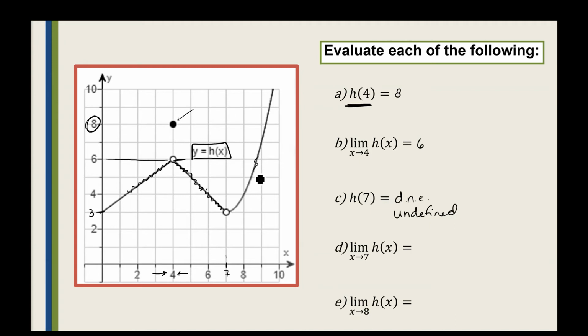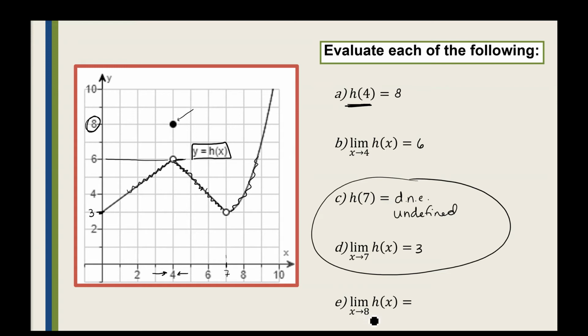And as x approaches 7 from the right, your function values are also approaching 3. So the limit as x approaches 7 of h of x would be equal to 3. So here we see an example of a point where the limit exists, but the function is undefined.